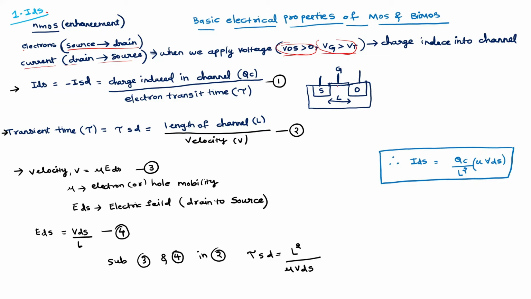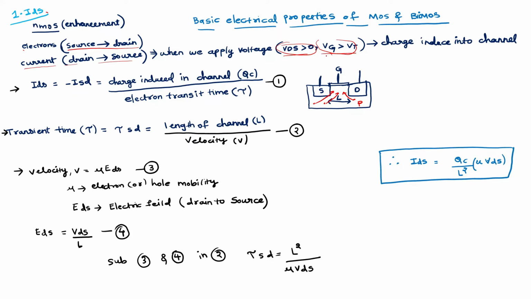Also this particular voltage VG, which is greater than VT, will attract the electrons from the substrate. This is P type, we know that, and this is the N channel. There will be some minority charge carriers, electrons, in here, so it will try to attract these electrons, and this will induce some charge.